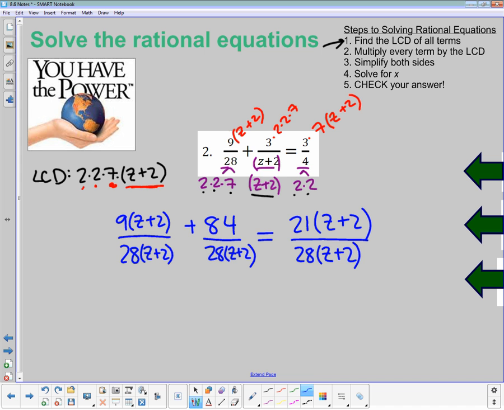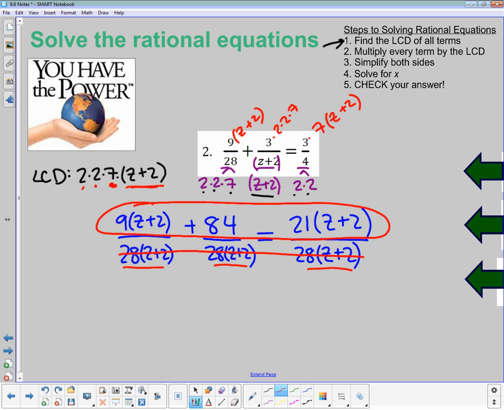When we create a common denominator for all of these, we don't need to worry about the denominators anymore. Since this is the same as that is the same as that, I'm not worried about these anymore. I only need to focus on the numerators and set those equal to each other and solve. So that's what I'm going to do.